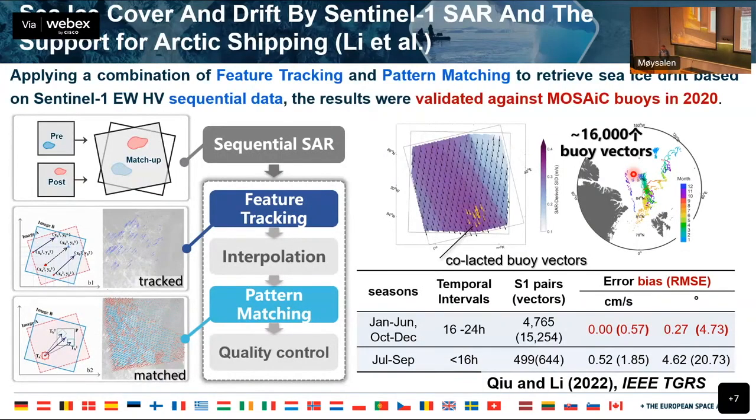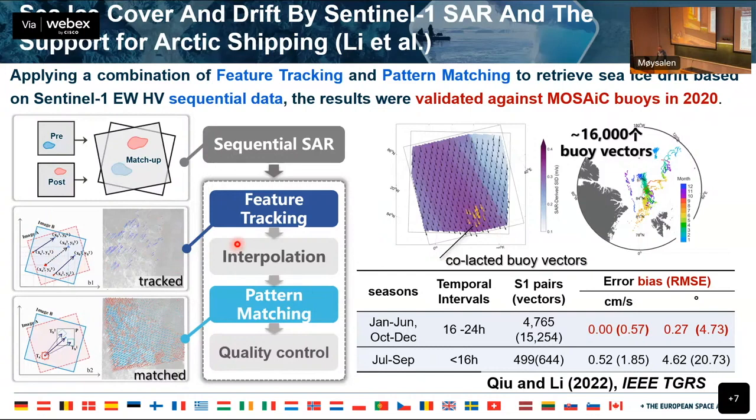The first work I would like to present is from Xiaoming Li. It is a typical example of CI's drift algorithm. It consists of 2 steps. The first step is feature tracking. It is quite fast.